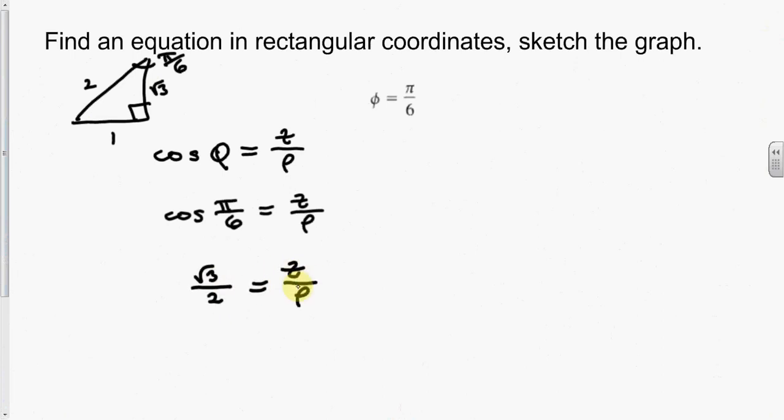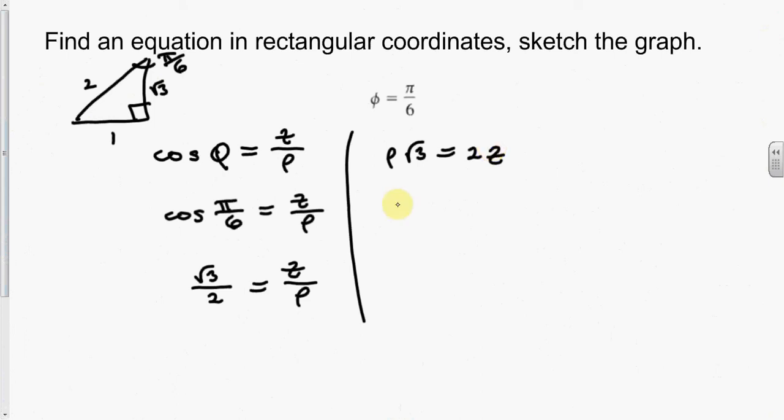That's equal to z over rho. If you cross multiply, we get rho times the square root of 3 is equal to 2 times z. I don't want to have the square root anymore, and I do know that rho and z for rectangular are related when they're squared. So I'm going to square everything here.